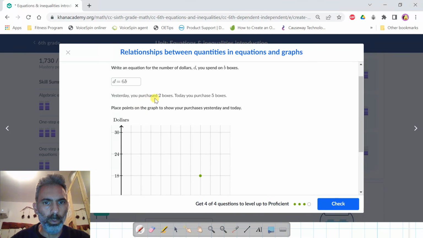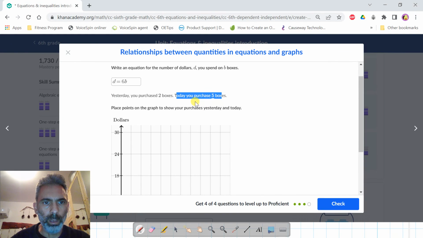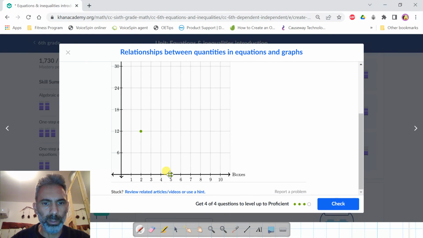Today you purchase 5 boxes, and 5 times 6, because each box costs $6, means you need to spend $30. So on 2 boxes you spend $12, and on 5 boxes you spend $30.